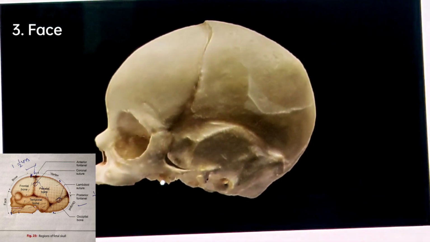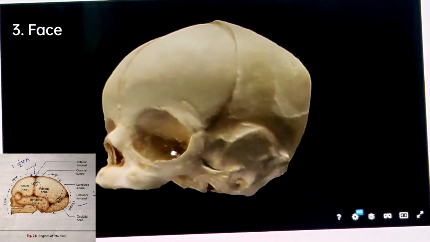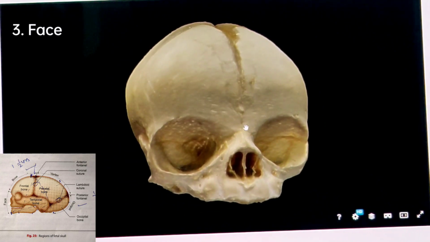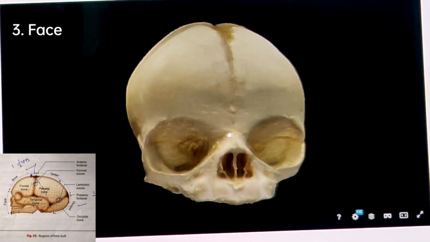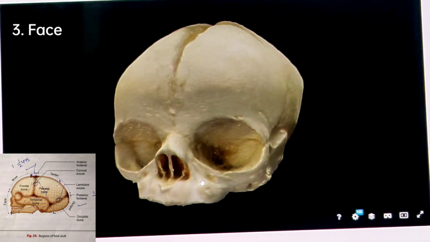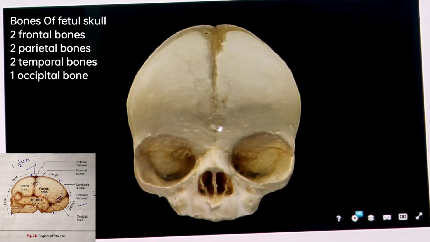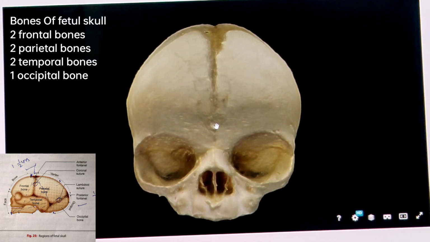You can see the junction of chin and the neck in the bottom of the image. So from the supraorbital ridges to the root of nose to the junction of chin and neck is the face area.